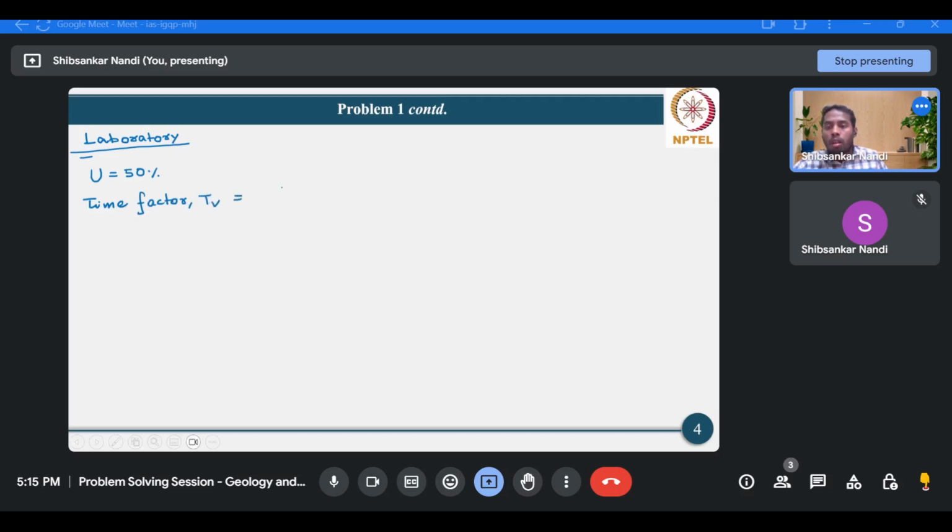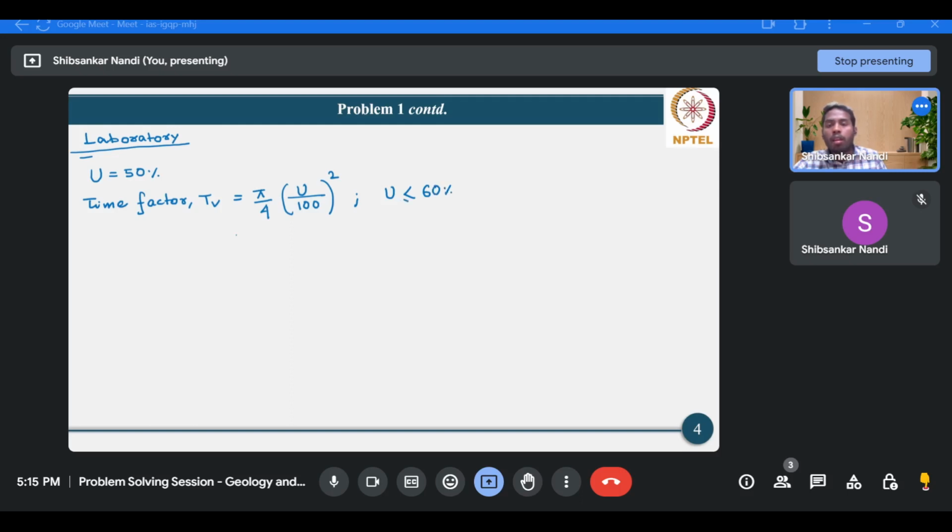Now this time factor we can determine from this equation, TV equals pi by 4 times U over 100 squared, when your U percentage is less than 60%.